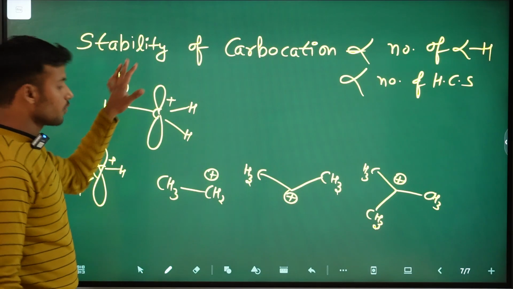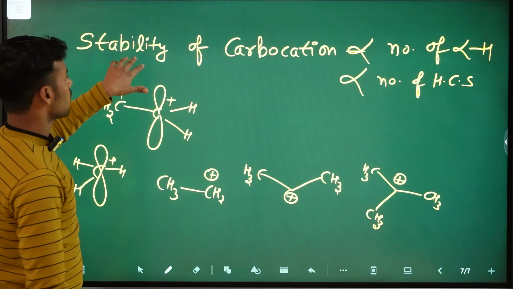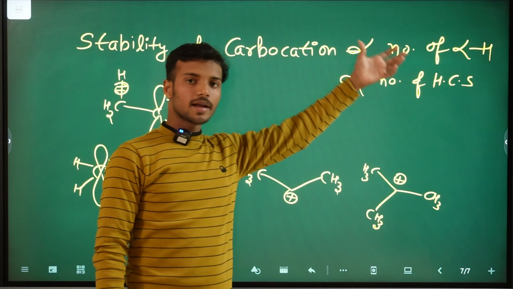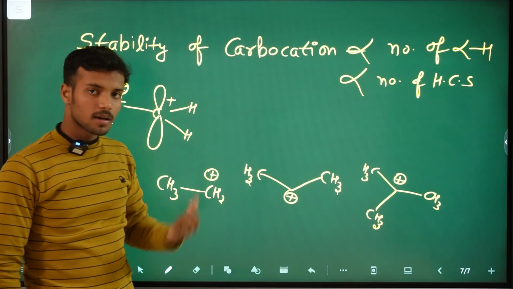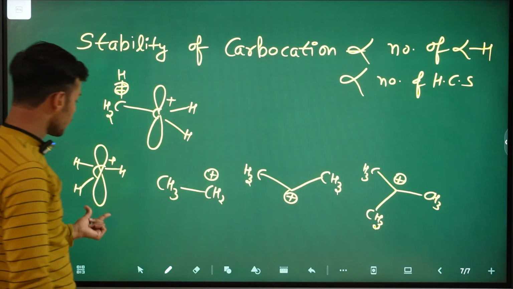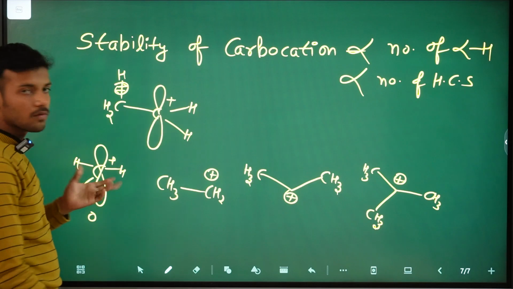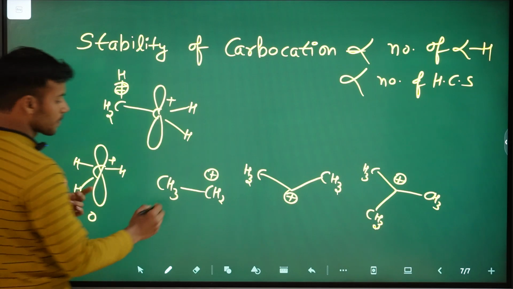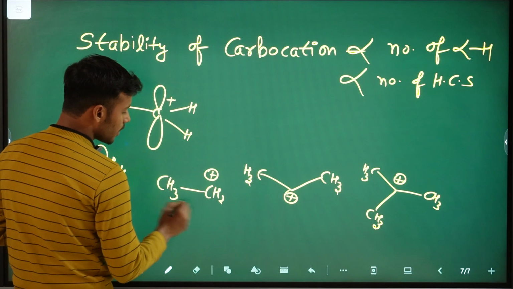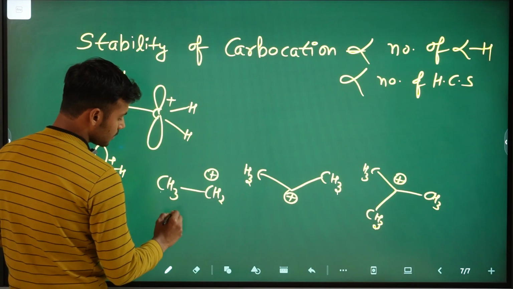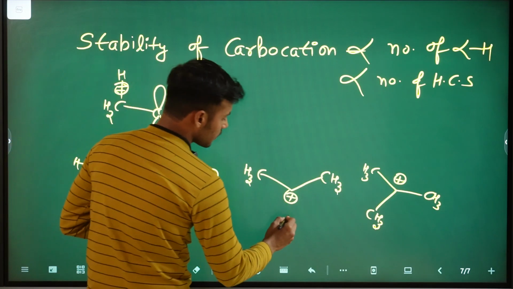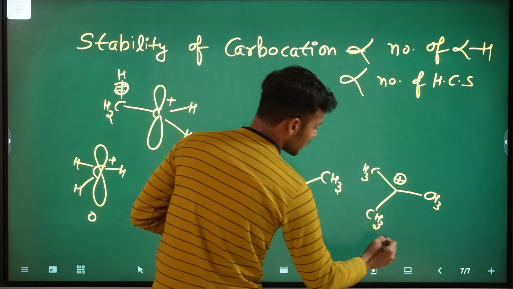So the stability of a carbocation is directly related to the number of alpha hydrogens. So how many alpha hydrogens are here? 0, because it has no alpha carbon, no alpha position. How many alpha hydrogens are here? 3, and here 6 (3 plus 3), and here 9.